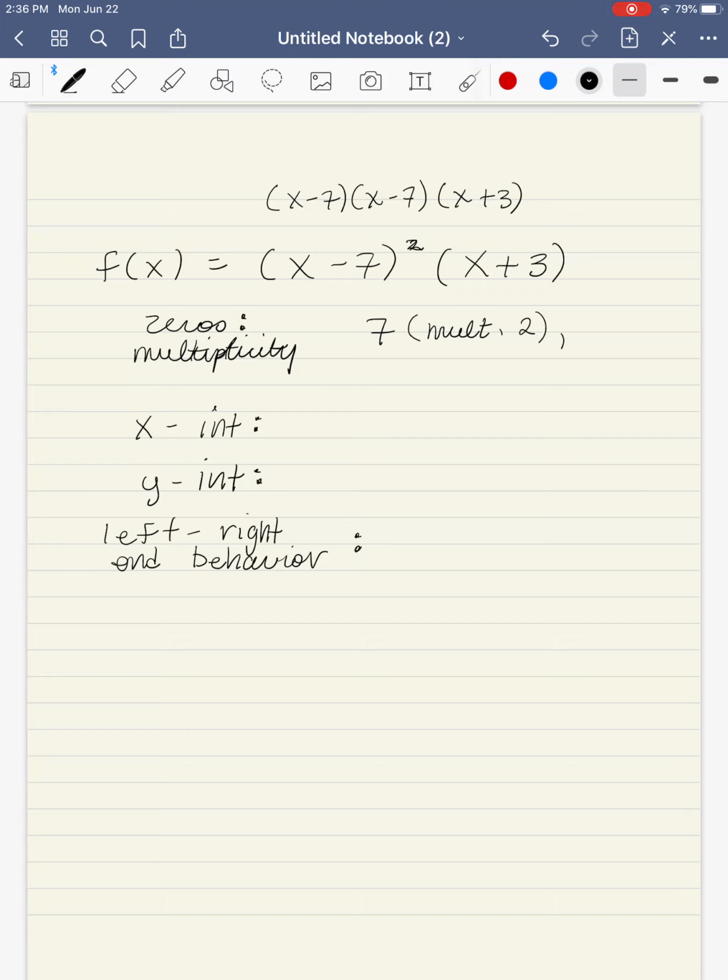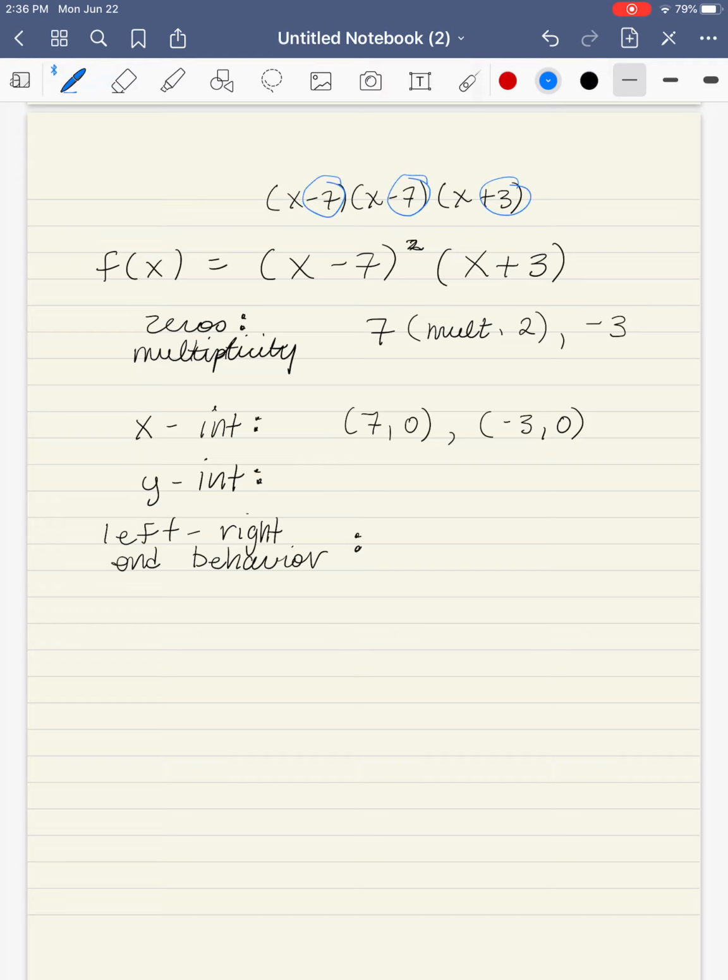But because of this square, my multiplicity is 2. It occurs twice. And with x plus 3, if I set that equal to 0 and solve for x, my 0 is negative 3. Those are both real numbers, so they give me 2 x-intercepts, (7, 0) and (-3, 0).